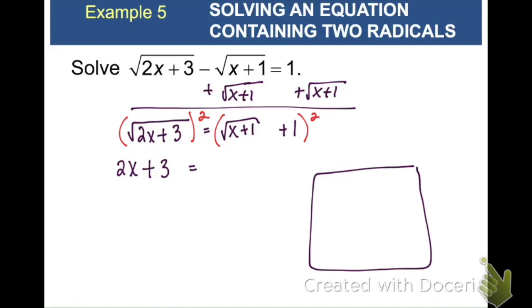But what I've got on the right side is a binomial, square root of x plus 1 plus 1, squared. So we're going to either need to FOIL or use our box method or use our special case that we know from earlier. I'm going to do the box method so we can see it worked out.